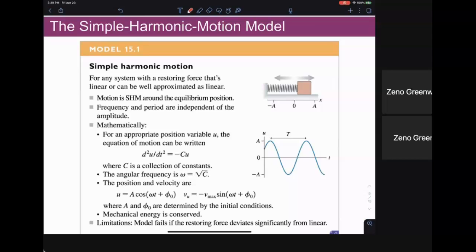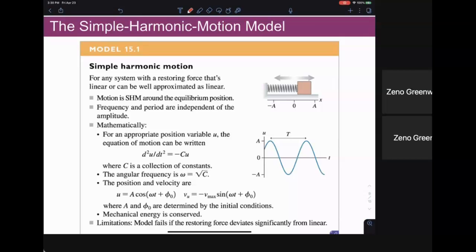The angular frequency is omega equal to the square root of c, and the position u is equal to A cosine of omega t plus the phase constant, and the velocity in the direction of u is equal to minus the maximum velocity times the sine of omega t plus the phase constant, where the amplitude and the phase constant are determined by the initial conditions.